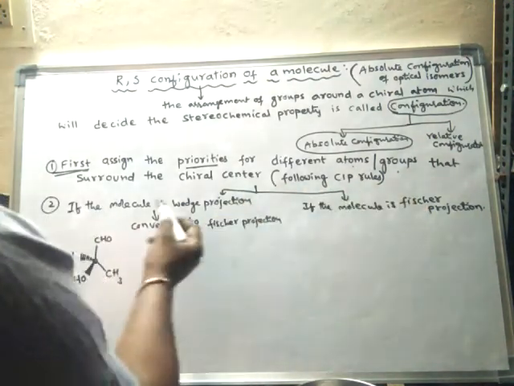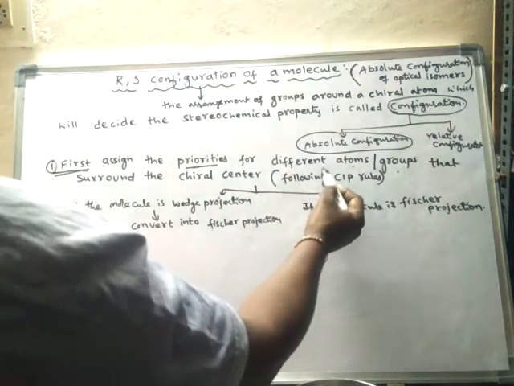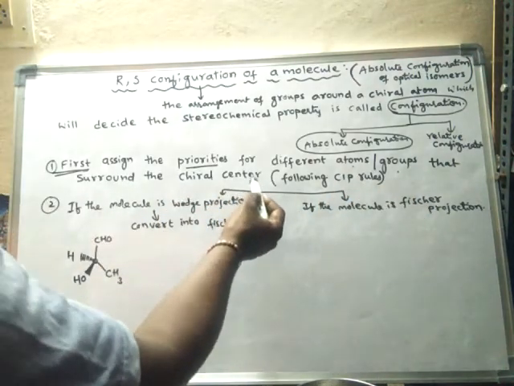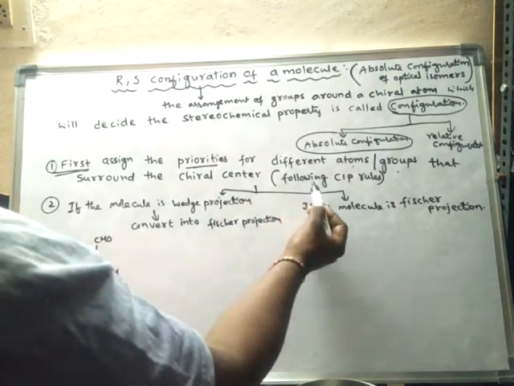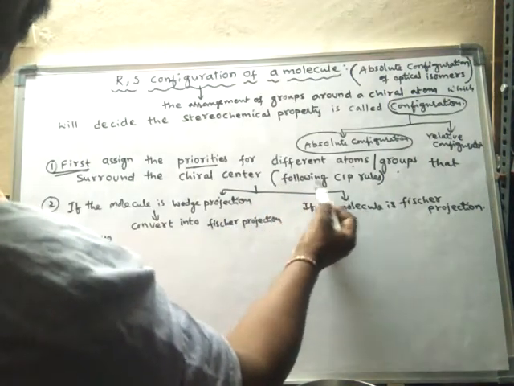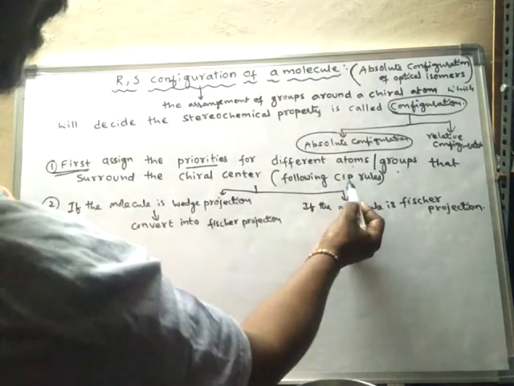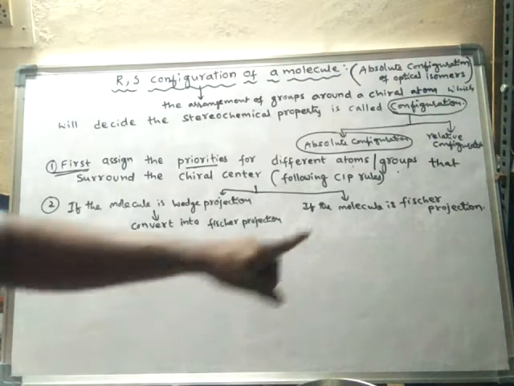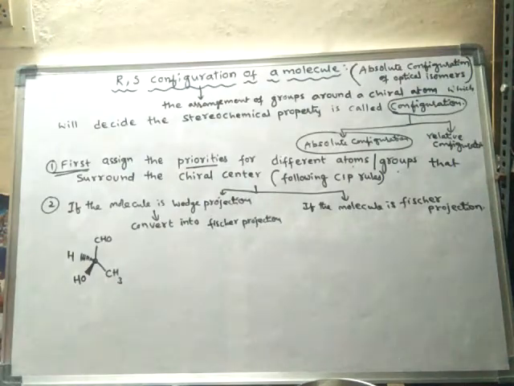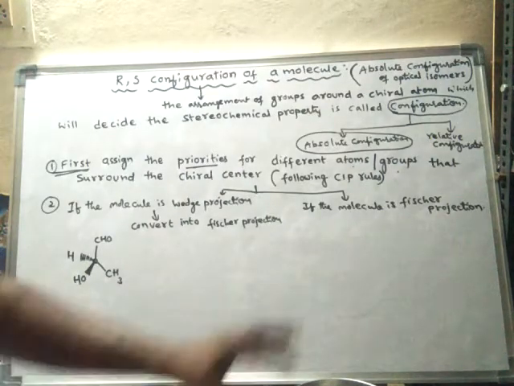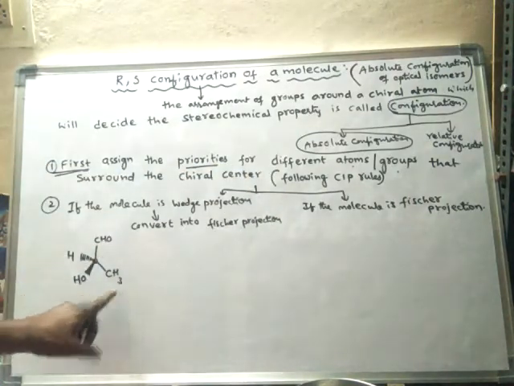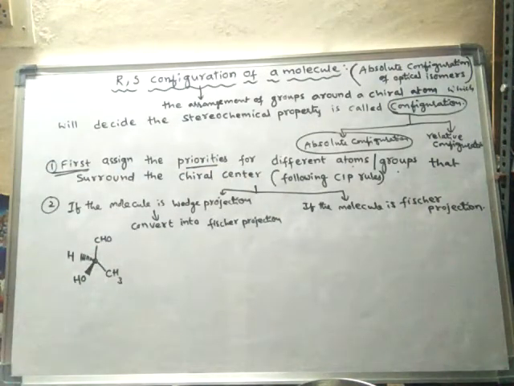The priority of the atoms or groups that surround the chiral center is based on the CIP rules, meaning Cahn-Ingold-Prelog rules. We already learnt the CIP rules while learning EZ nomenclature. The same rules are applicable here in deciding the priority of the different groups attached to the central chiral center.